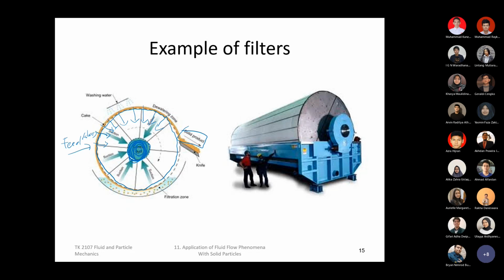Because of the size, of course, the cake will be trapped because it cannot go through the filtration at the outer layer. Then at the other end of the filtration, there will be some kind of knife so that the solid product can be removed. So now you have your cake over here and you have your filtrate from the middle of your filtration.